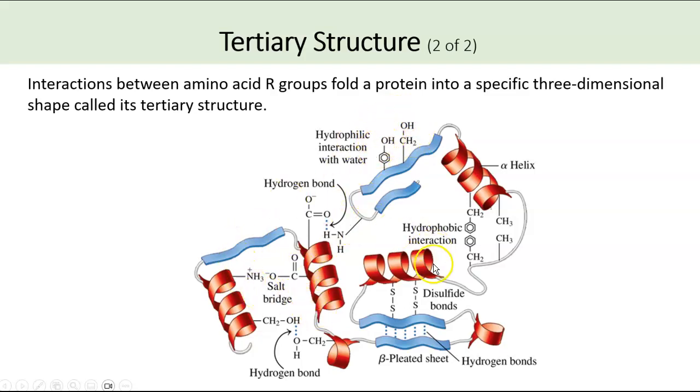Generally, the hydrophobic R groups will be pushed inside the protein. So all of these different types of interactions help to keep the tertiary structure in its shape, and so the bond strength and bond stability is very important to keep their three-dimensional shape.